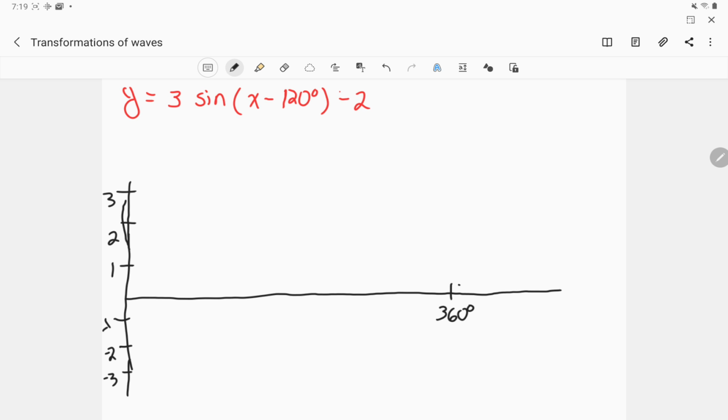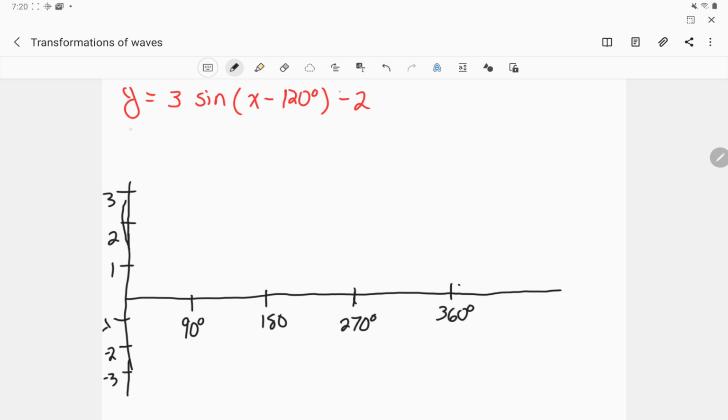Please ignore my crazy lines. So this is 180 degrees. This is 90. This is 270. And there's 360. Imagine they're evenly spaced. You should do this on graph paper. It makes your life way easier, so that each square is worth 30. So it'd be 30, 60, 90, 120, 150, 180, 210, 240, 270, and so on.